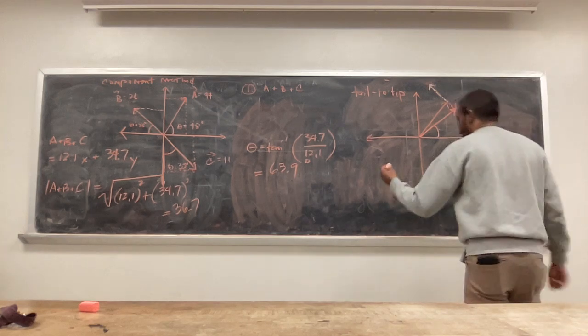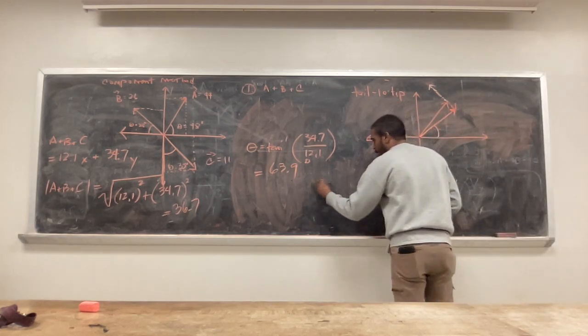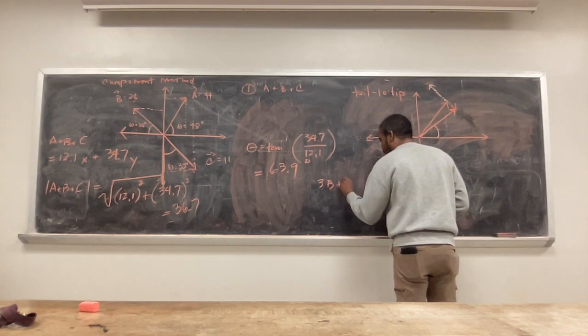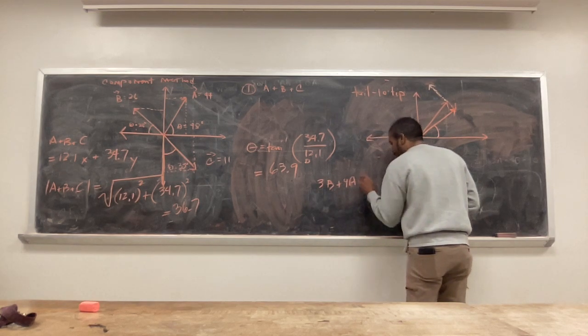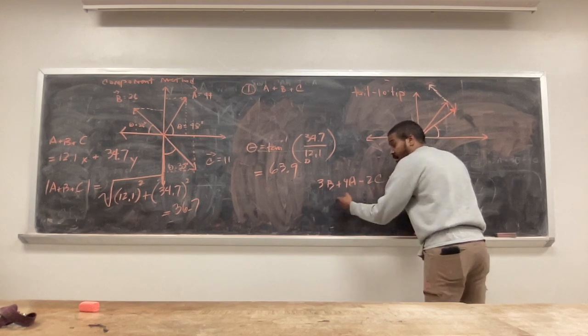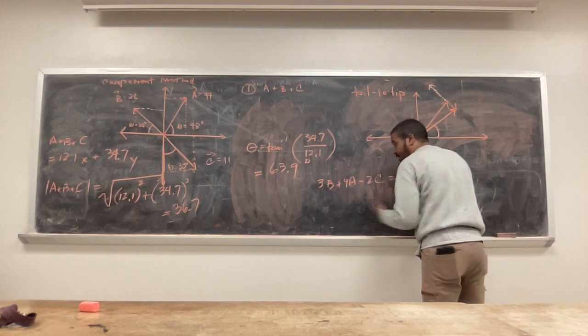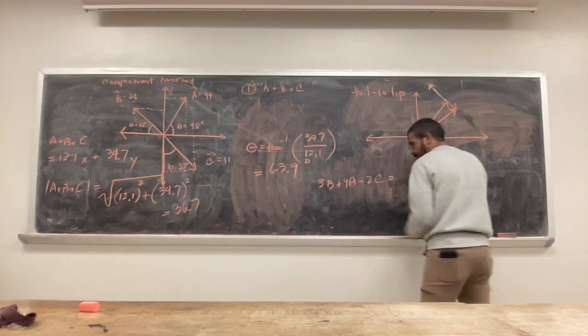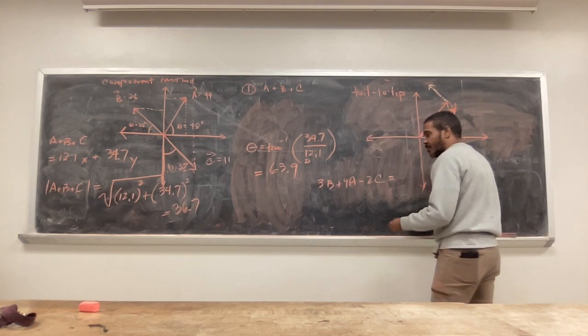Don't let it shake you up if you see the numbers there. When you see 3b plus 4a minus 2c, that means the x component of this resultant has an x component for each one.